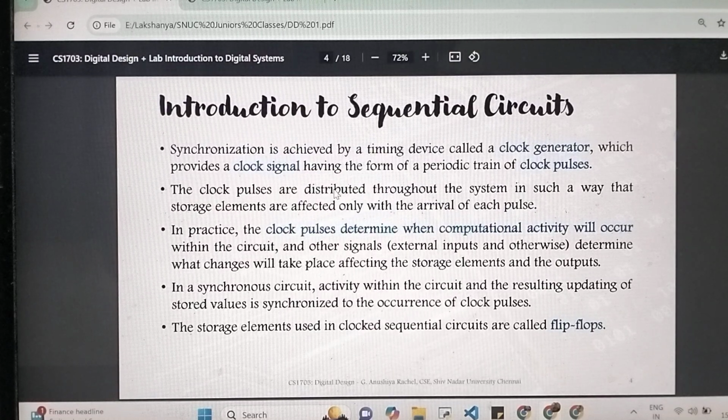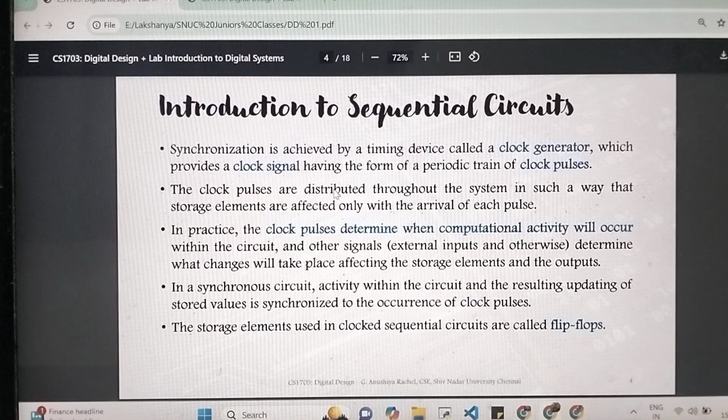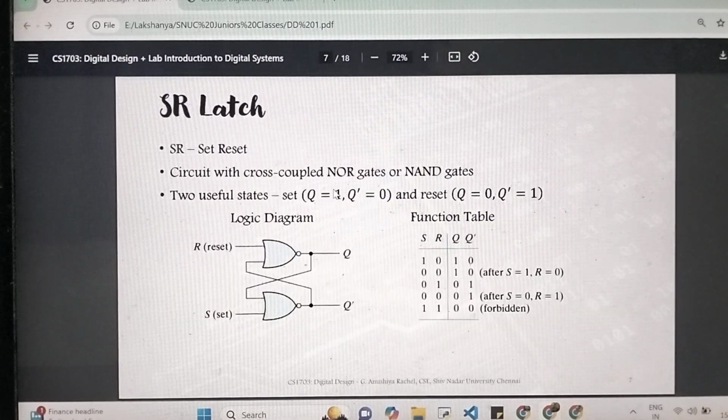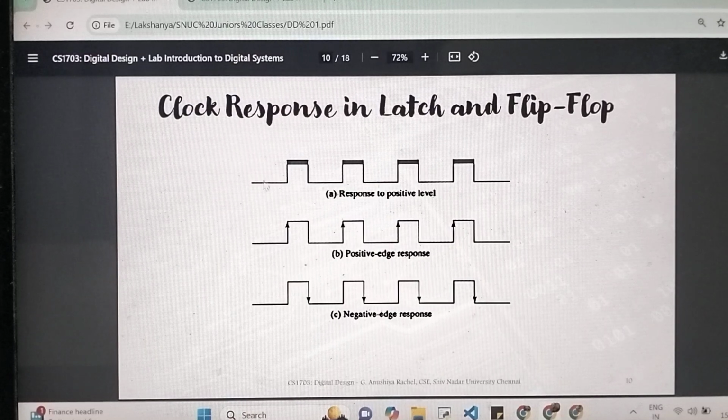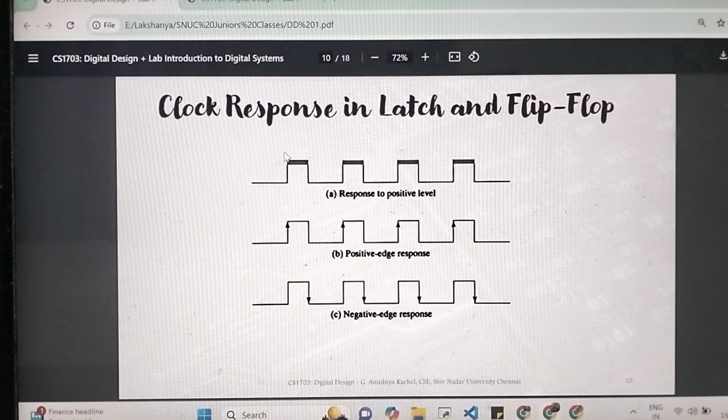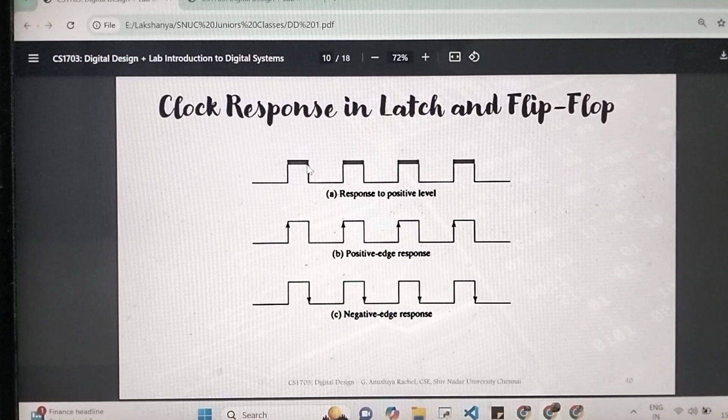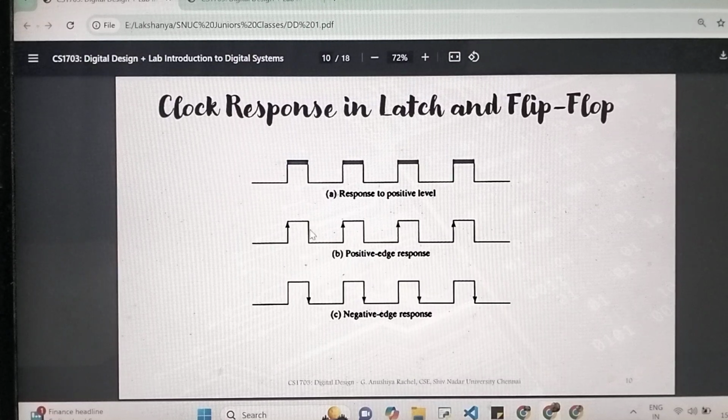Or while the clock is at 0, or while it is at 1, the change can be triggered. So you choose one of these 4 positions: at 0, 0 to 1, at 1, or 1 to 0. One of these 4 is chosen, and every time the clock is in that position, the state transition happens.